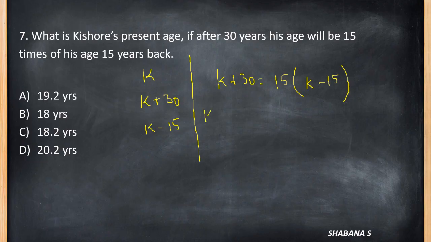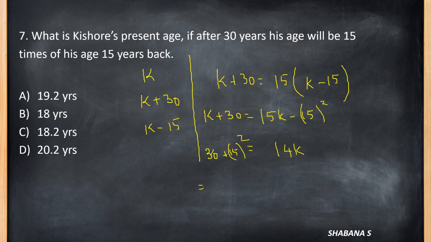So let's try to find: K plus 30 should be equal to 15 times (K minus 15). Let's put it as 15 square. So I'll bring this K this side. 15K minus K gives us 14K. 14K should be equal to 30 plus 15 square. Or I can take this as 2 into 15, just a different way.